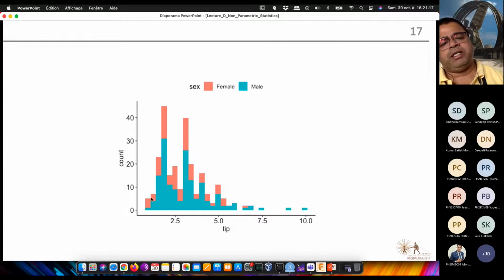In the initial part of the graph, at 2.5 dollars, the values are higher for females; even for $5.0, more females are getting tipped. But when it comes to higher values of tipping, males are getting more tips. That's very interesting, and because this is the case, there has to be some balance somewhere.